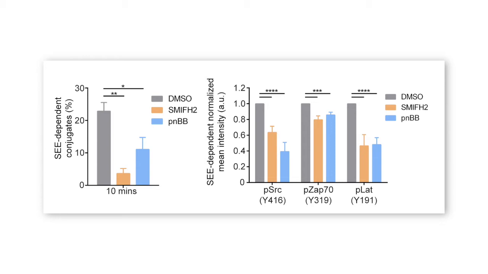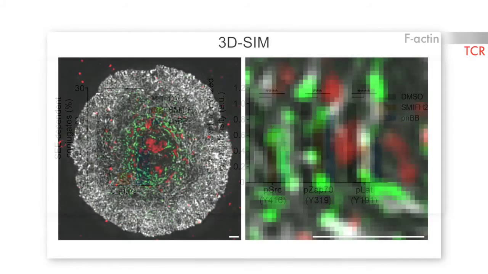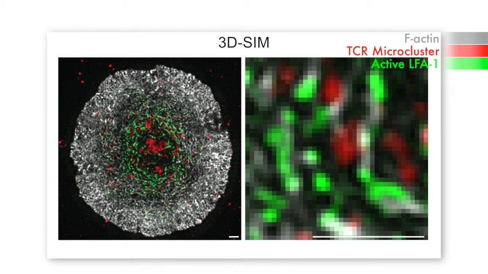But how do the actomyosin arcs move integrins and T-cell receptor microclusters into position? So in sort of the final portion of the paper, we looked in 3D SIM in a synapse which is in the midst of maturing, and we followed actin, myosin 2, microclusters, and the open active conformation of LFA, which is the major integrin in the T cell.